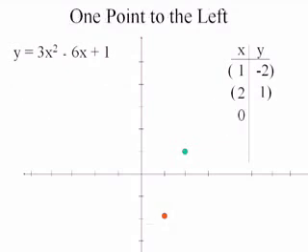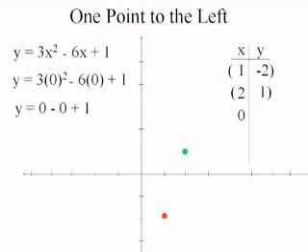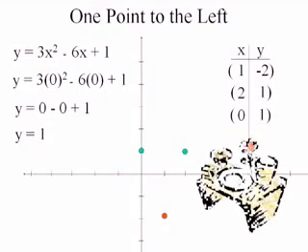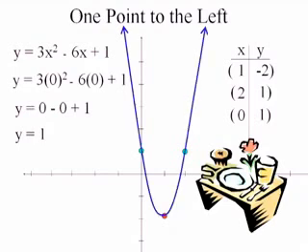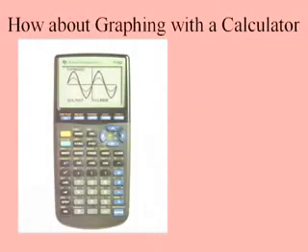That's 0. I love 0. Putting in 0, I get a 1. The point 0, 1. Oh, this is looking good. I know it's a curve, and I already know where it is. Woohoo! Come to Papa. I just draw it. So once you find that vertex, do 1 point to the right and 1 point to the left, and you're there. Now I use my secret weapon.